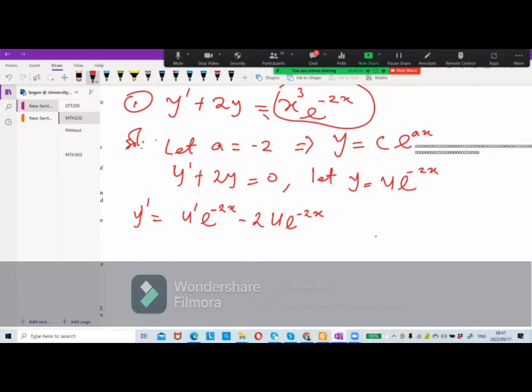Now that I have this, and I know I can go ahead and substitute into my equation, what will I get? If I want to go ahead and substitute, remember that I still have the same equation. So how do I substitute this one?